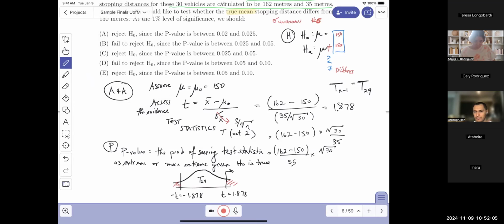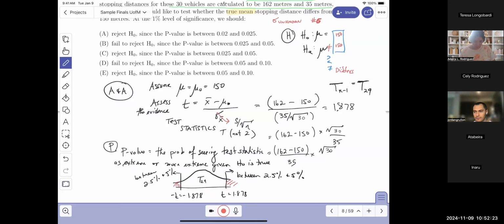And need to remember that. So this is between 2.5% and 5%. And also this is between 2.5% and 5%.